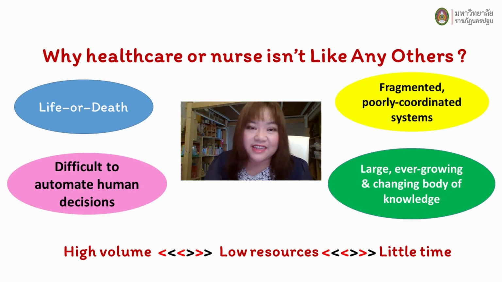In our working life, we have to decide many things about people's life or death. The second one, in pink: it is difficult to automate human decisions, because a human is human. The decision can change anytime, and the information behind the decision also changes a lot.